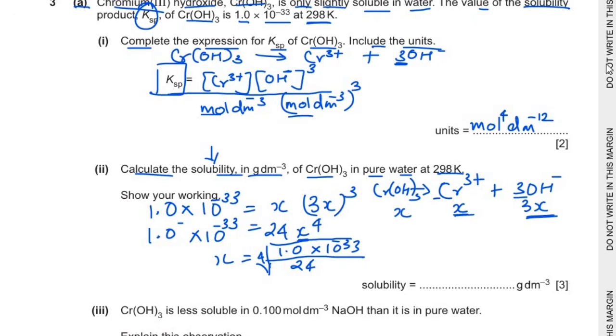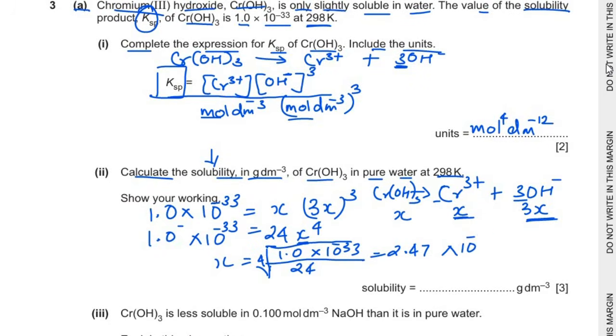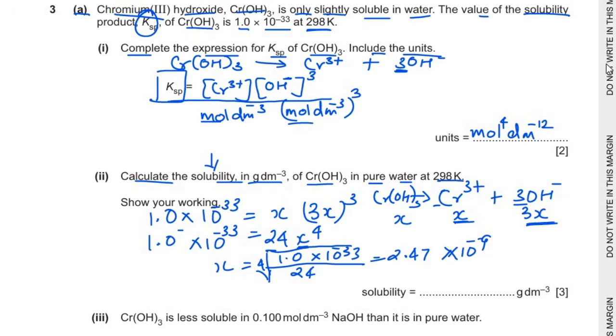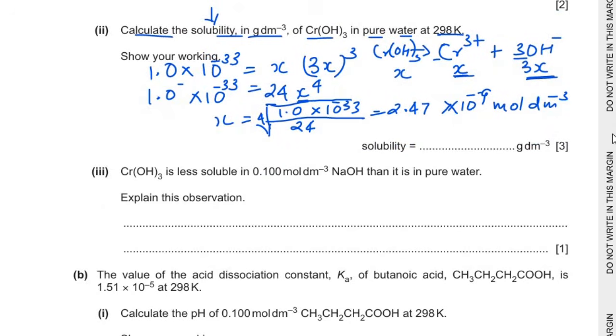That's what we calculate by solving the equation, and we get the value as 2.47 x 10^-9 moles per dm cubed. That's the solubility of chromium hydroxide in moles per dm cubed.